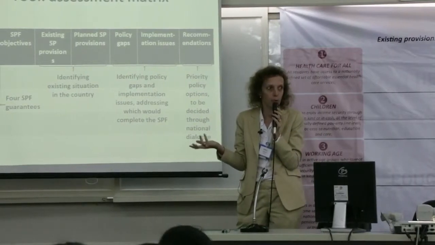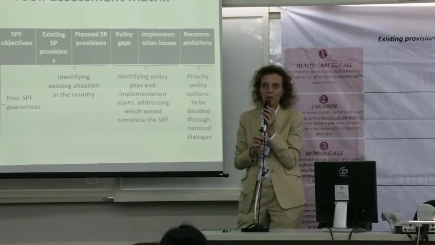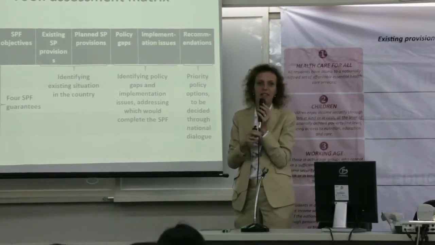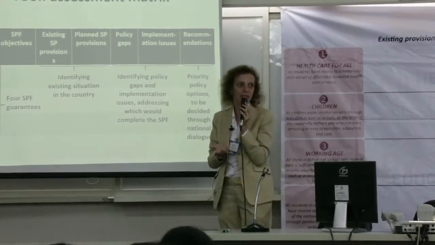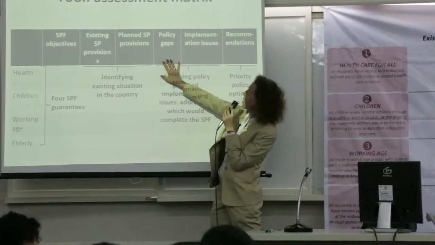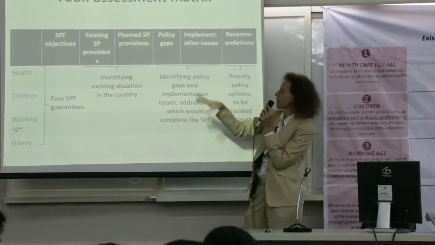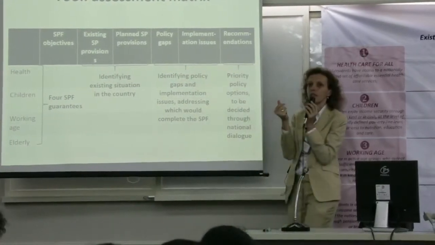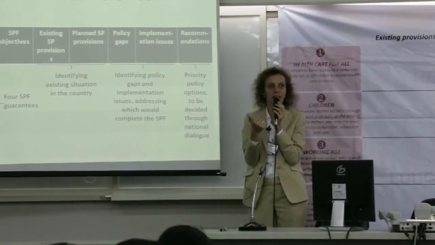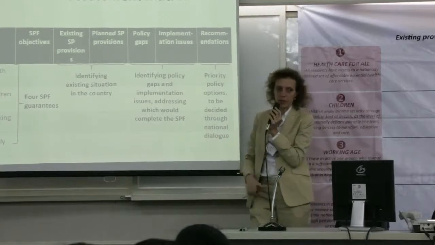If you propose something which is completely different from the government strategy, you have almost 100% chances that these recommendations will not be listened to. Yeah? And then we look at policy gaps and implementation issues. I will explain just after what is the difference, but you have already a sense, thanks to the Jeopardy game, there was a question on that. And recommendations.